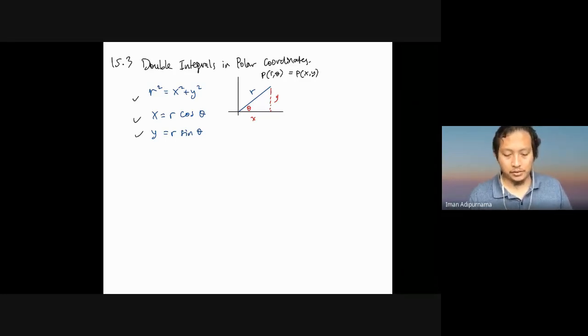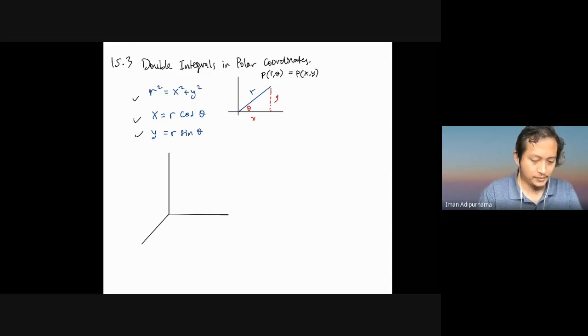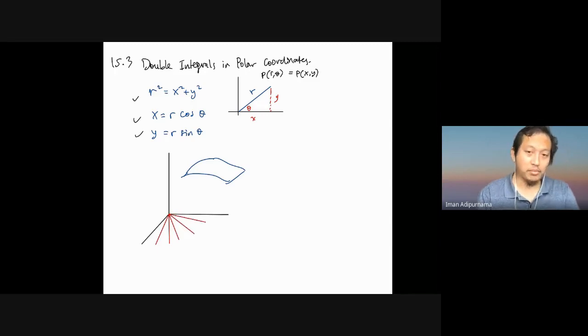Now move on to the integration part. Let me just draw some visuals for you first. So let's say this is a randomly shaped surface there, and let's make the xy plane in terms of polar.